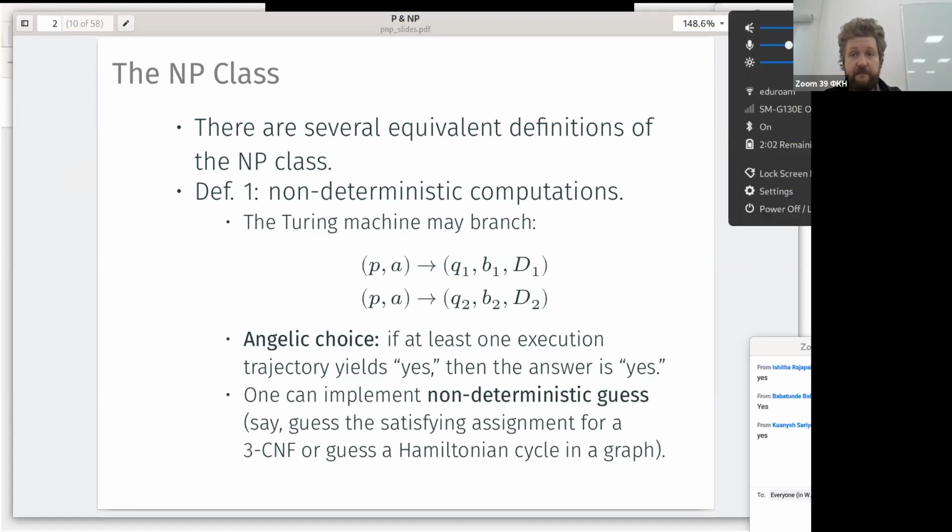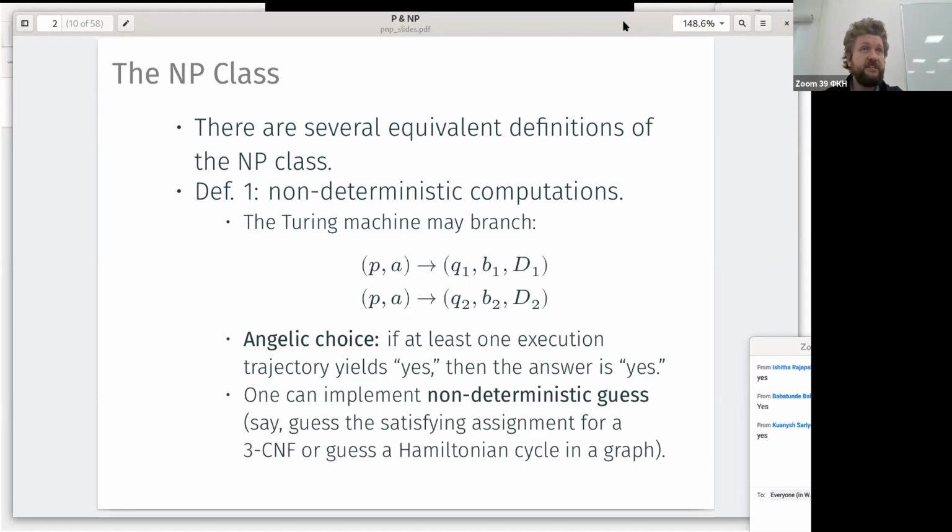And then when you finish guessing, you just check whether it is the correct one. The check itself is performed in polynomial time. You're given an assignment which is supposed to be satisfying, and then you just substitute the zeros and ones into your formula, and you get the answer, yes or no.